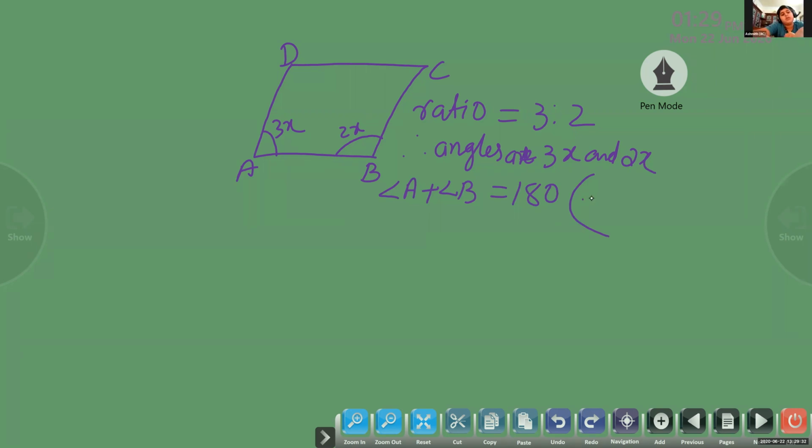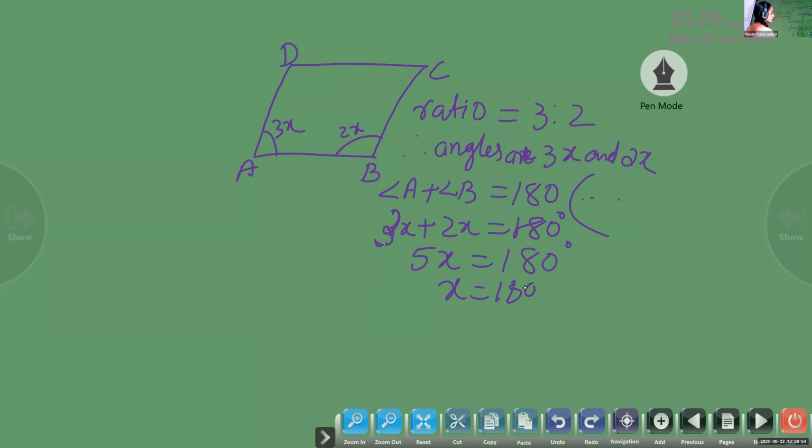You have to write the reason in brackets. So let the angles be 3x and 2x. So 3x plus 2x equal to 180 degrees. So 5x equal to 180 degrees. So x, what did you get? 180 by 5, 36.